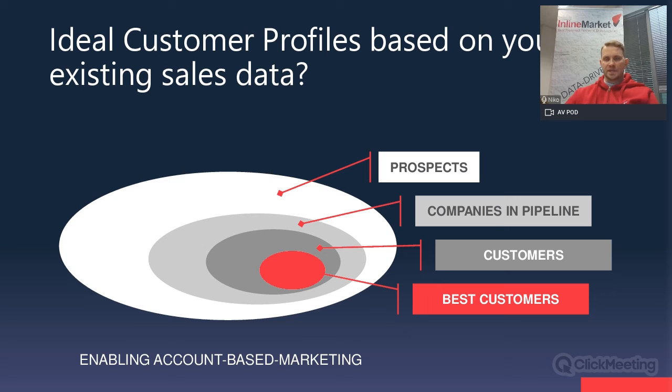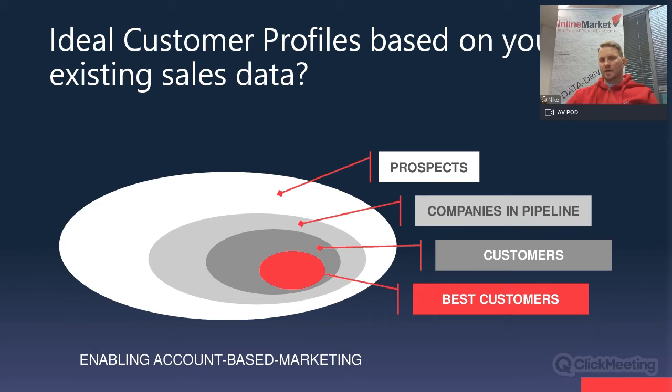Then once you start the sales and marketing activities, a subset of those companies become part of your sales pipeline, and that's already an interesting fact, because it tells what kind of companies are interested in your products and services.